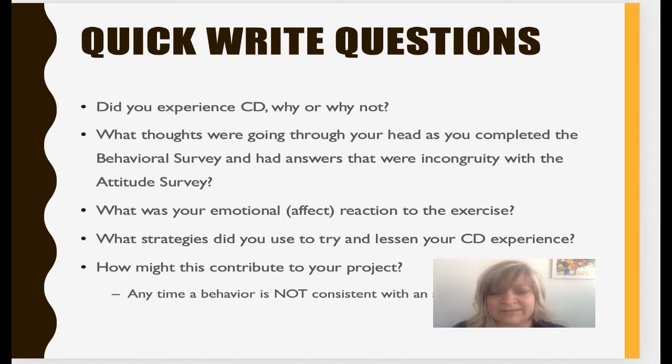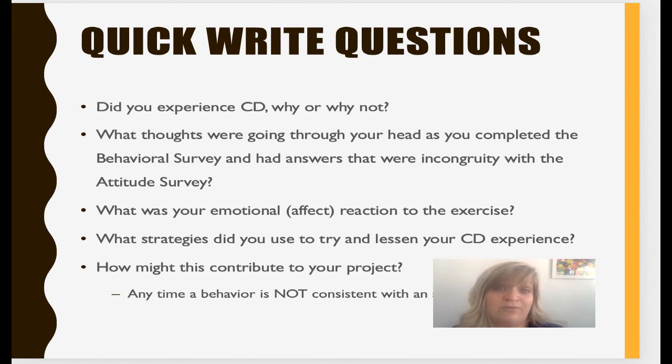When that happened, what was your emotional affect, or basically emotional response or reaction to that particular question in the exercise? And then here's where the theory really plays itself out. What strategies did you find yourself using to try to lessen that cognitive dissonance experience?